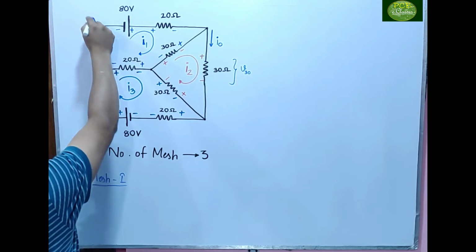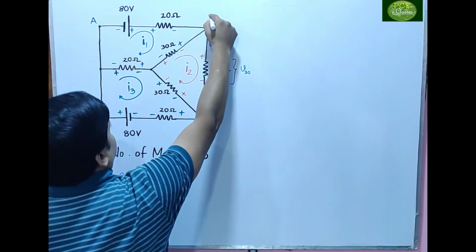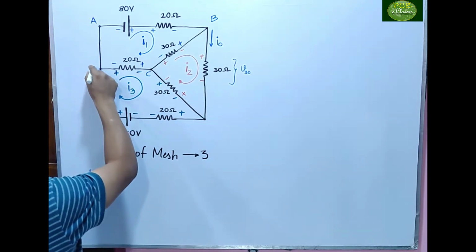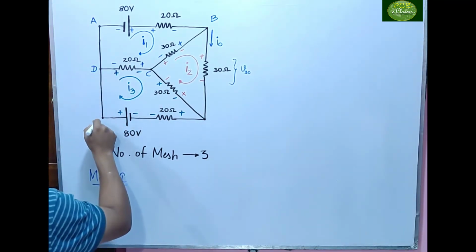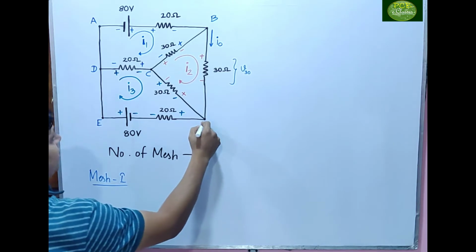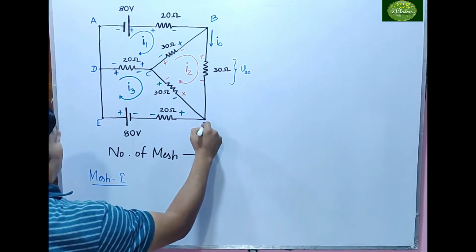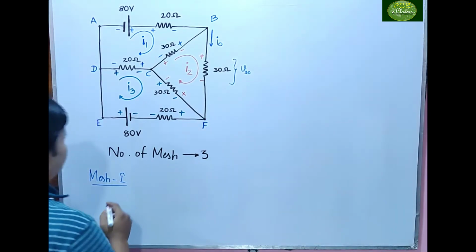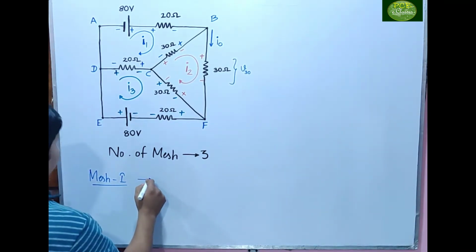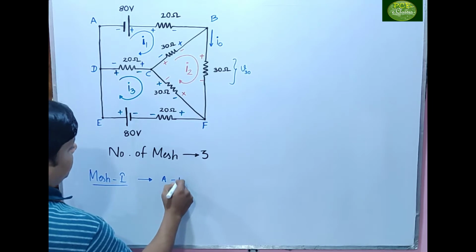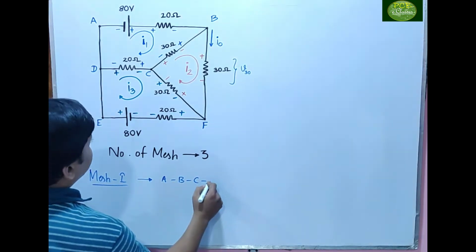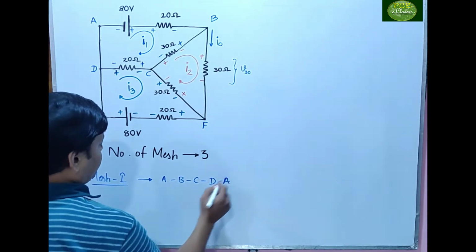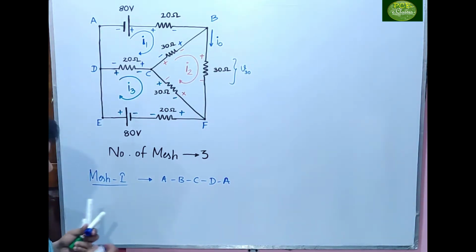Let us take this one A, this is B, this is C, this is D, this is E, this is F. Clear? Which mesh am I covering? I am covering A to B, B to C, C to D, D to A. That is mesh number 1.